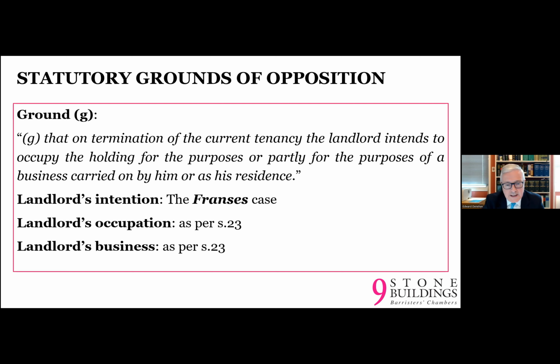If it's 14 years immediately before the date of termination, then it's twice the rateable value. As for residence, my view is that a body corporate can't reside anywhere. So that's not available to corporate landlords.